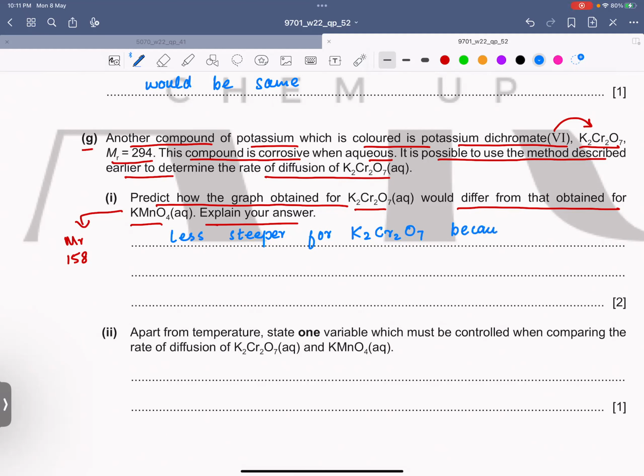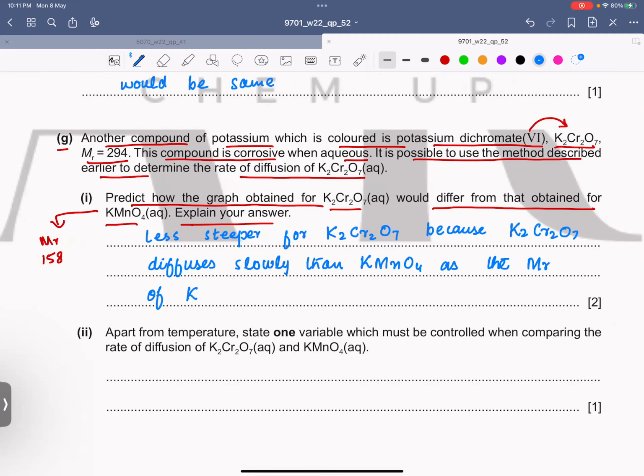Because K2Cr2O7 diffuses slowly than KMnO4 as the Mr of K2Cr2O7 is greater.